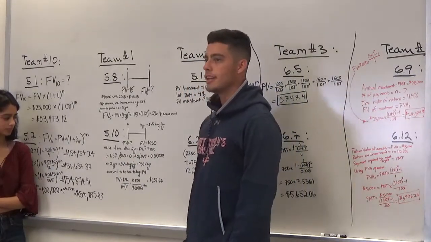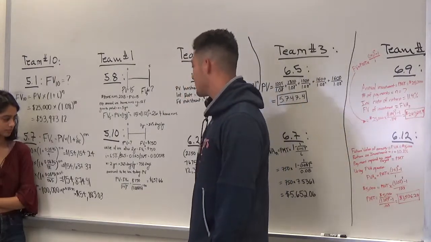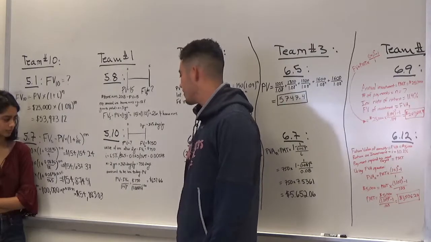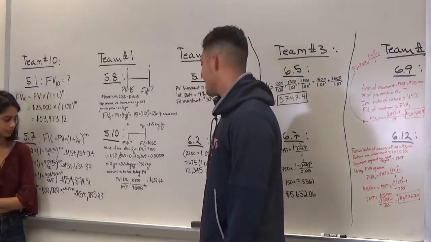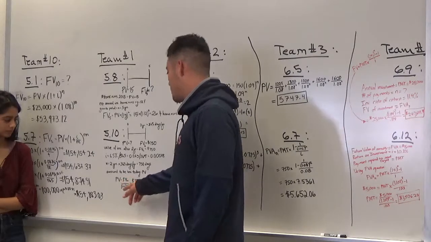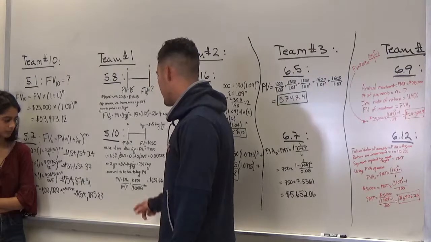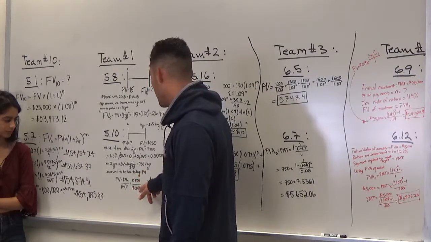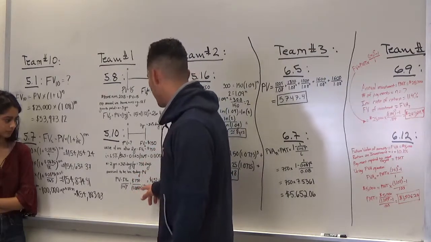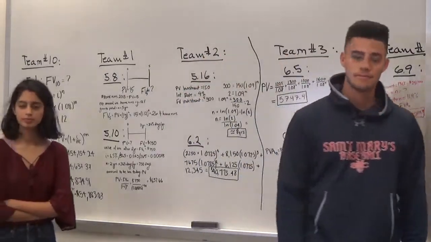So to find N, you take 2 years and you multiply it by the 365 days per year, and you get 730 days. And then present value equals future value over 1 plus I to the N, which equals 750 over the number from up above, and it equals $657.66.